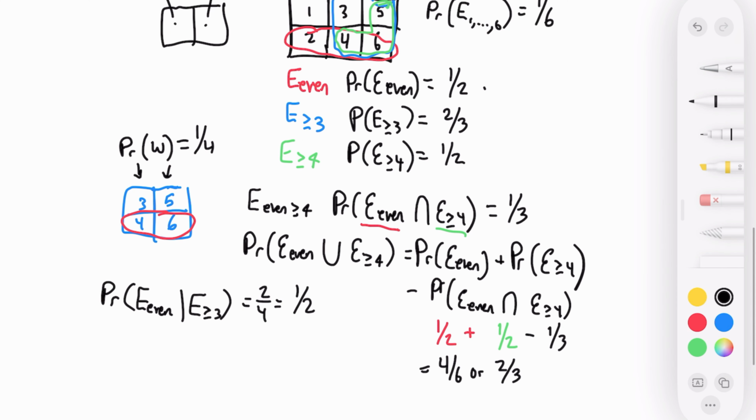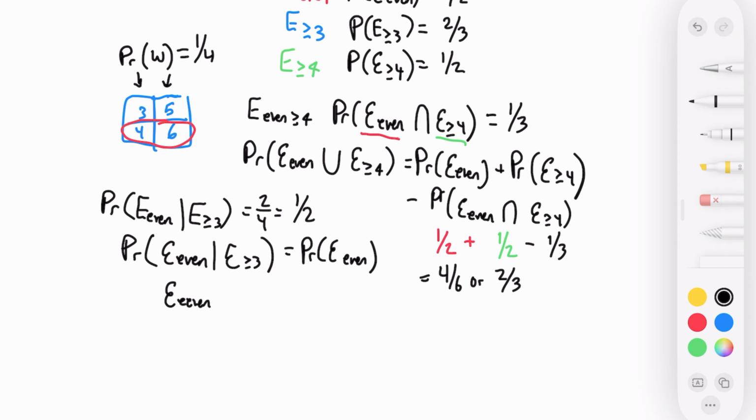And because the probability of E even, conditioned on E greater than or equal to 3, is equal to the probability of E even, we say that these 2 events are statistically independent. We write it like this. This is the symbol for orthogonality. Now we'll talk later about how orthogonality in a linear algebra sense or geometric sense relates to probability distributions and these sorts of things.